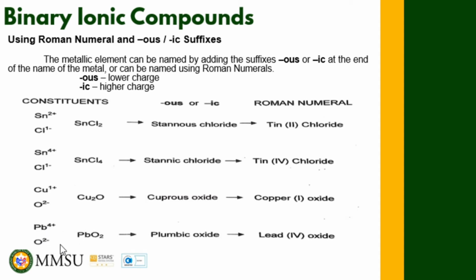So, applying the cross method, we have Pb2O4. So, since they are divisible by 2, then we can reduce. So, naging PbO2. And then, the name is plumbic oxide or lead 4 oxide. Meaning, the Pb has a higher charge.